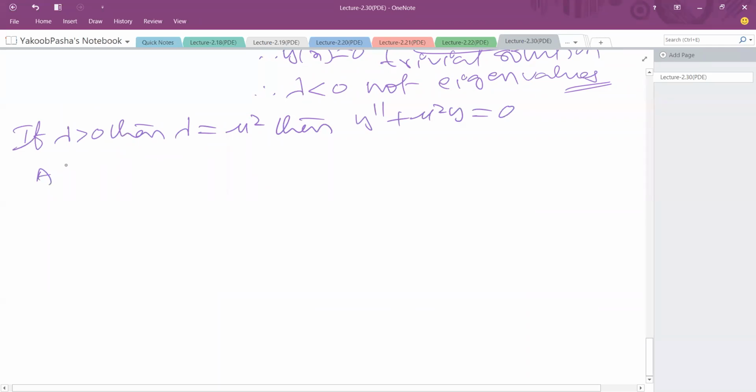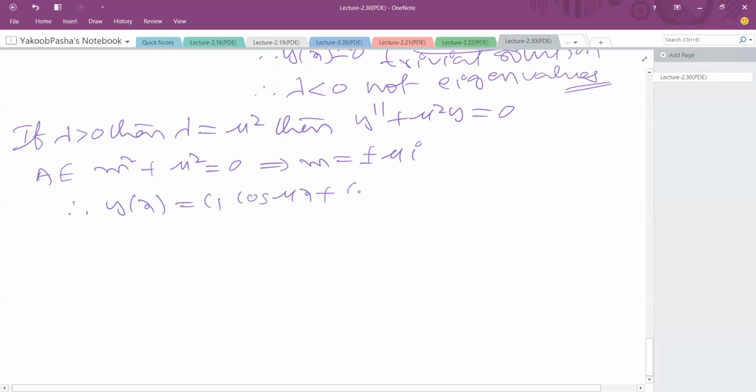So the corresponding auxiliary equation is m square plus mu square is equal to 0. From this we can write m is equal to plus or minus mu i. That means it is in the form of plus or minus alpha i. We can write the complementary function, that is the general solution, y of x is equal to c1 cos mu x plus c2 sin mu x. This is the rule of complementary function.